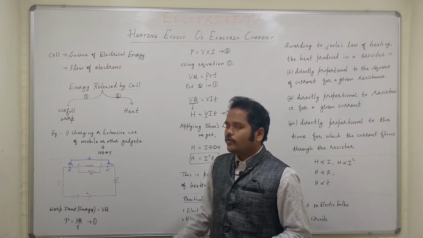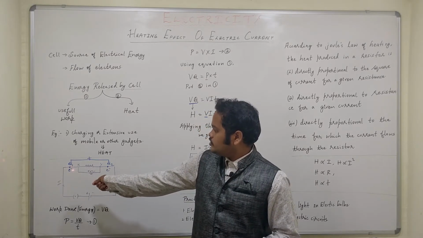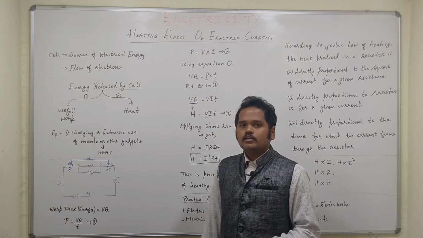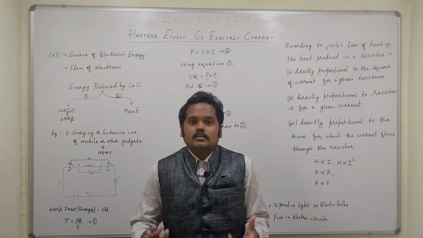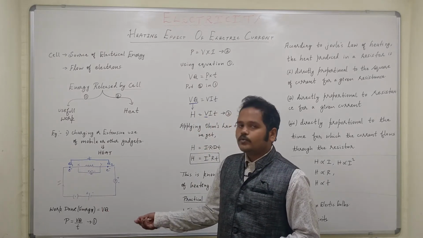V into Q is the work done, W, to move the charge or an electron from position Q1 to Q2. Now we know the amount of work done, which is represented by the formula V into Q.